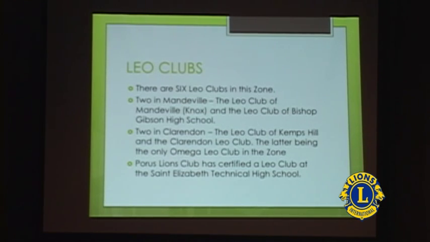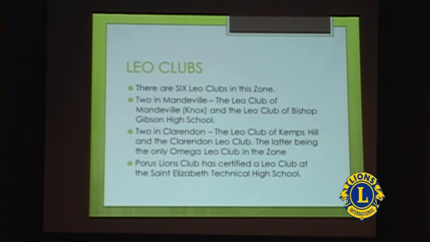There are 6 Leo clubs in the zone, 5 of which are Alpha Leo clubs. So at this point in time, we'll only be getting one report, and it's from the Leo Club of Clarendon. A new club was recently certified by the Old Harbor Lions Club.